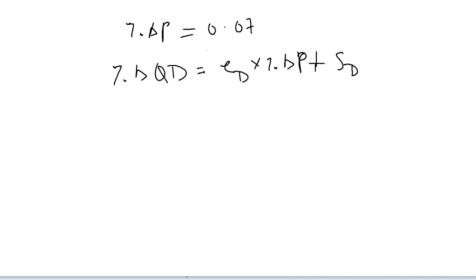Okay, so all you simply do is go ahead and plug in whatever the elasticity of demand was. Okay, you already know this price, this change in price comes from this value, and then whatever the shock in demand was. Okay, and you calculate this and you're going to get a certain value.